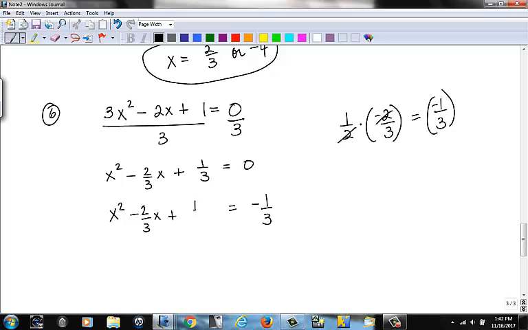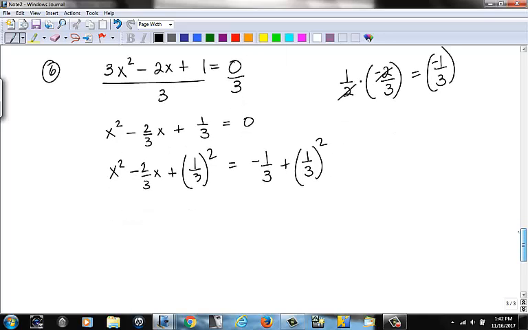So add 1/3. Wait, did I add the square of it? No, sorry. Now add it. So I'm going to add 1/3 squared to both sides. It's okay if you put a negative 1/3 in there and square it.